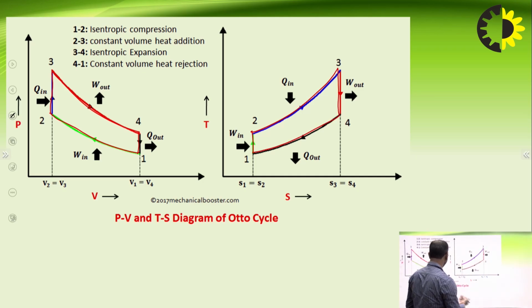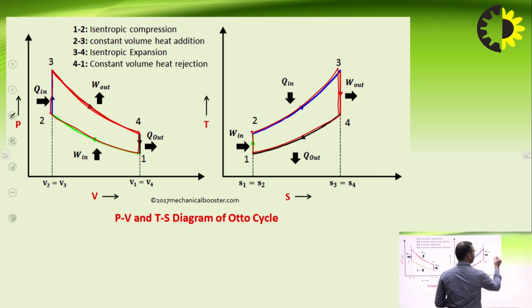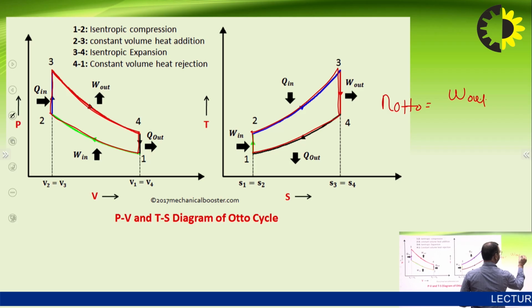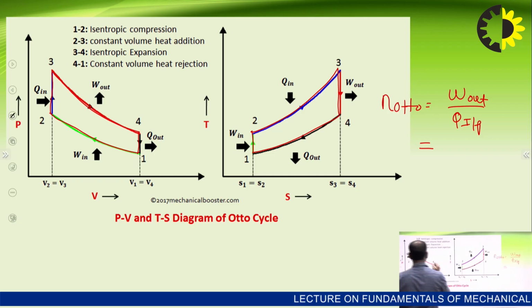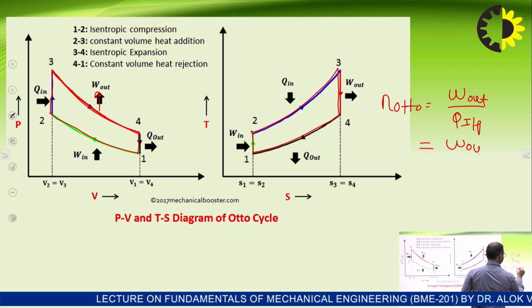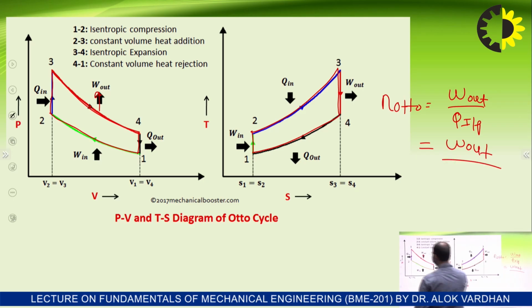If we write the efficiency of Otto cycle, the efficiency is work output divided by heat input. Here work output is this, and heat input is this Q in.